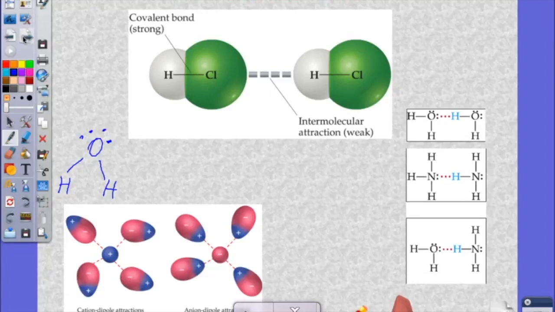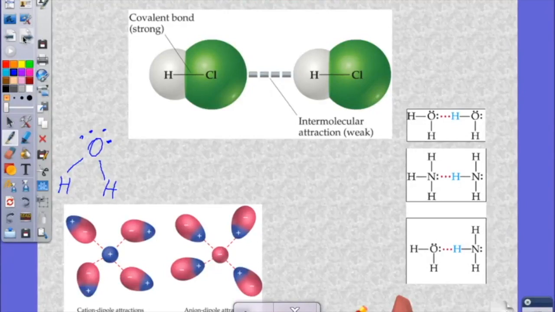You have a positive ion and a polar molecule. You have a negative ion and a polar molecule. The negative side of the polar molecule will be attracted to that cation. The positive side will be attracted to the anion.